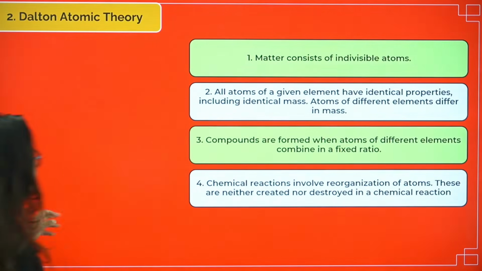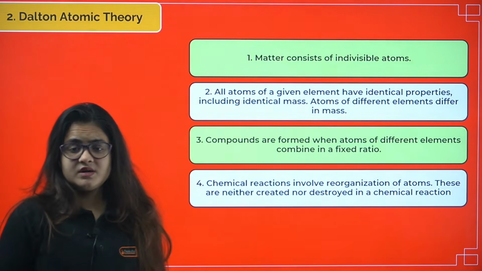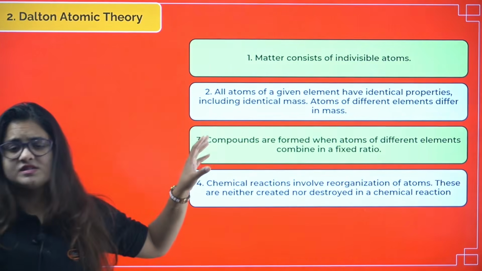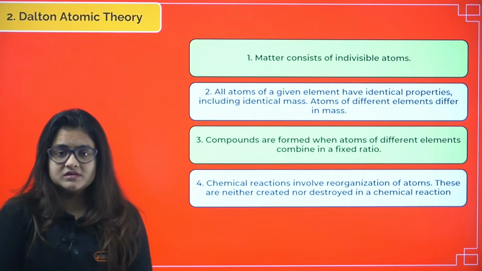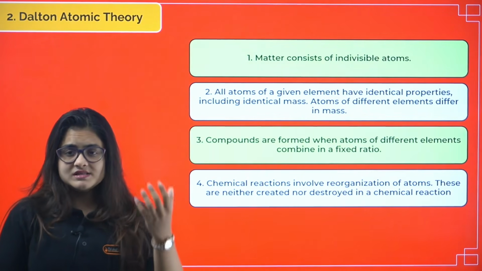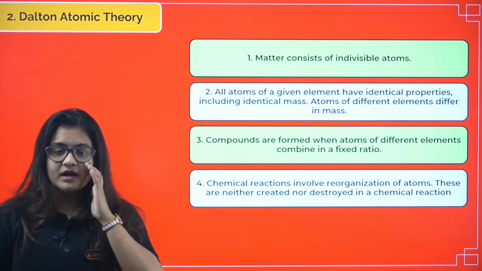Okay, let's proceed. Here comes Dalton's atomic theory. Though you have already been through this multiple times, sometimes statement-based questions come from this, so I kept a small revision here. What does the theory say? Matter consists of indivisible atoms, the particles called atoms.